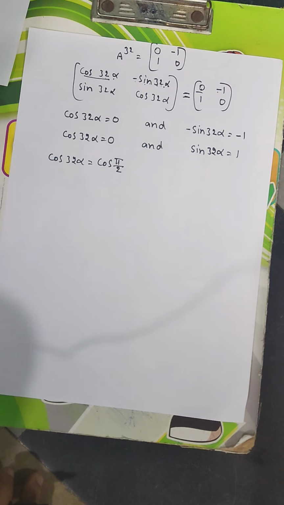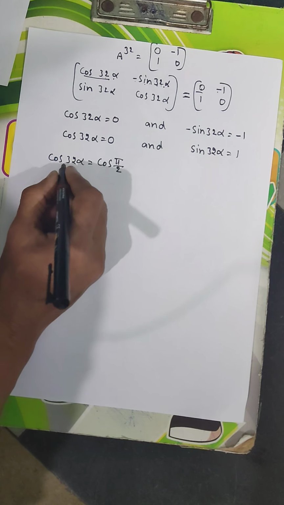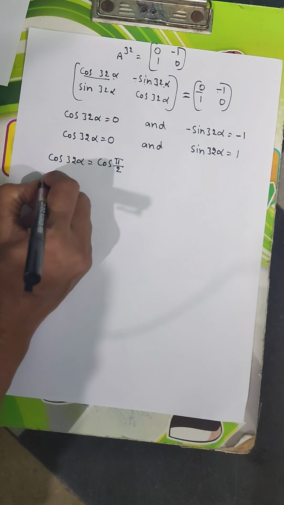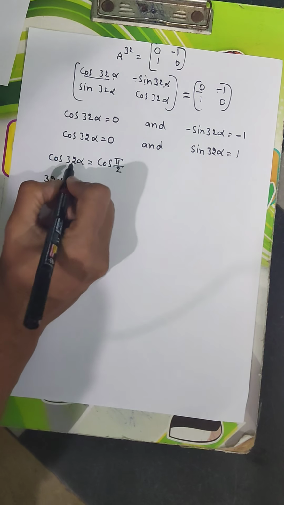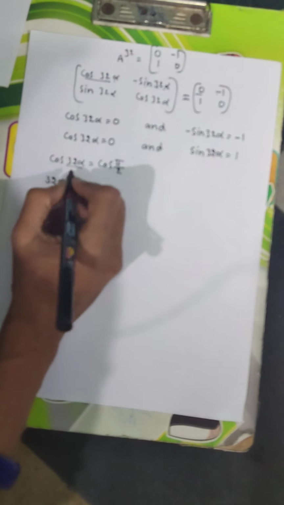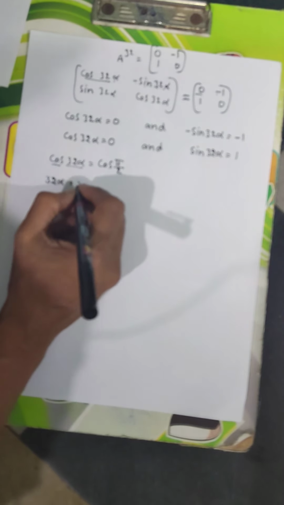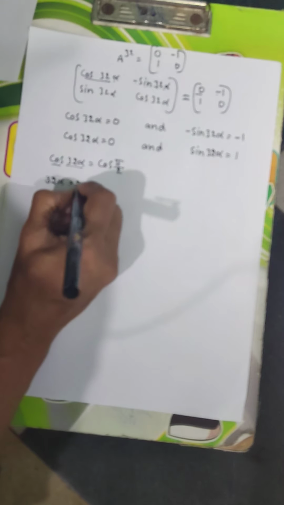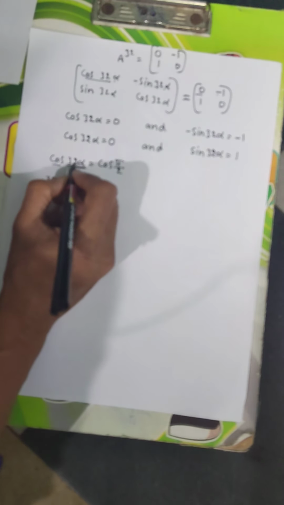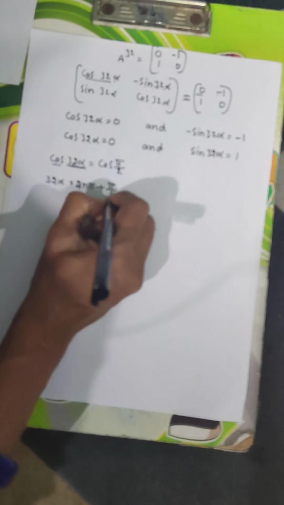In trigonometric equations, the solution is theta equal to 2n pi plus alpha. So 32 alpha is equal to 2n pi plus pi by 2.